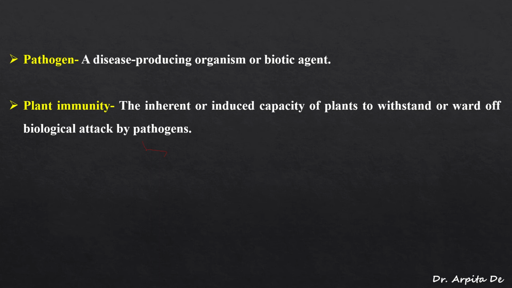Immunity has got the same meaning in all living organisms. Be it you, be it me, be it any other animals, any other plants, immunity means the same. It is the power to defend one's own self against something that is unfavorable, or to ward off certain types of biological attack by pathogens.